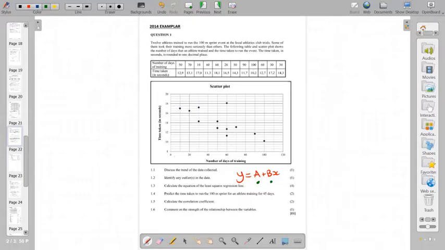Now, most of the time, like in this question, we will be using this regression line to make an estimate or prediction. For example, if someone tells us, according to this data and with your regression line, an athlete comes and says, I trained 75 days, so what do you expect him to finish his race in, how many seconds?